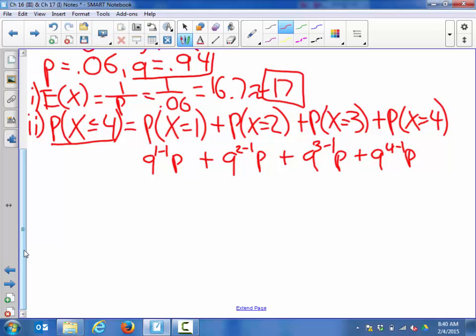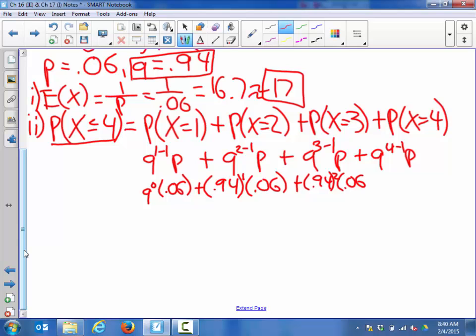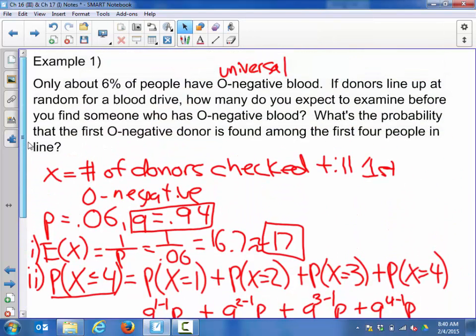Well, Q is 94%, boxed right here. So in the first case, you just got Q to the 0th times P, which is 0.06, plus 0.94 to the first times 0.06, plus 0.94 to the second times 0.06, plus 0.94 to the third times 0.06, and that simplifies to, what did I find? 0.2193.